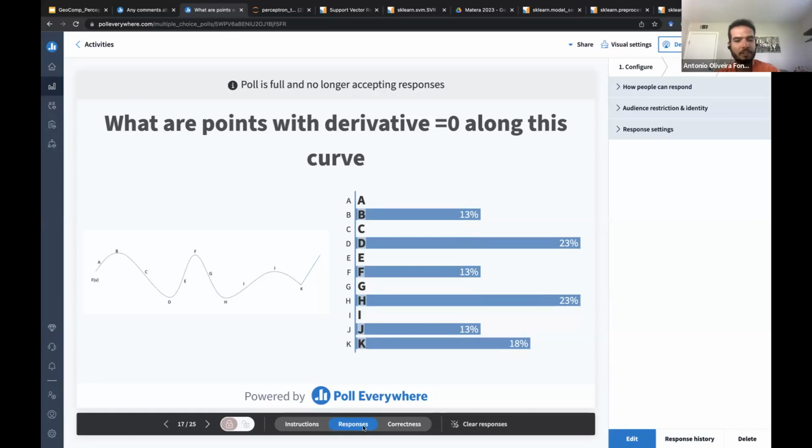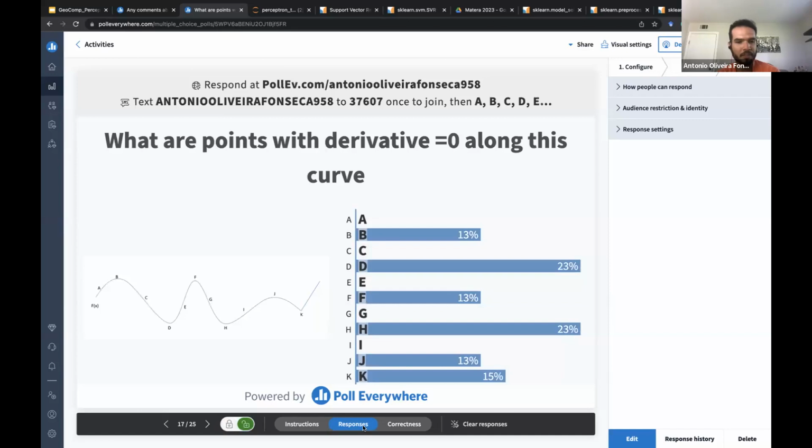Now I see that a lot of people are kind of on the wall with respect to B and F. You who voted for B and F, can you explain why you voted for B and F? Because the derivative equals 0 for the minima as well as for the maxima of any function. Exactly. You're completely right.